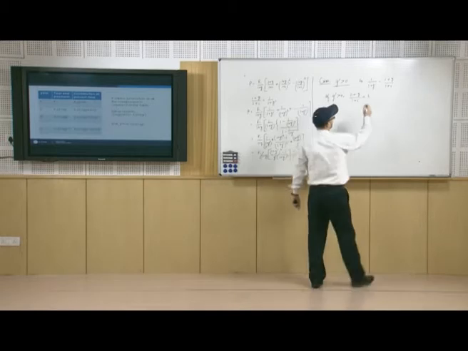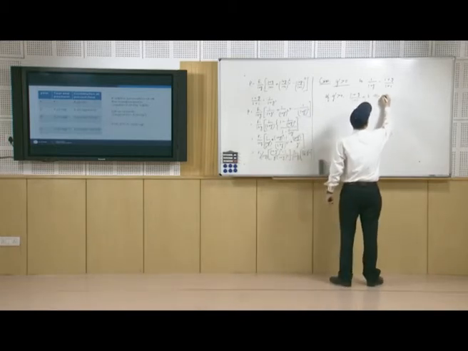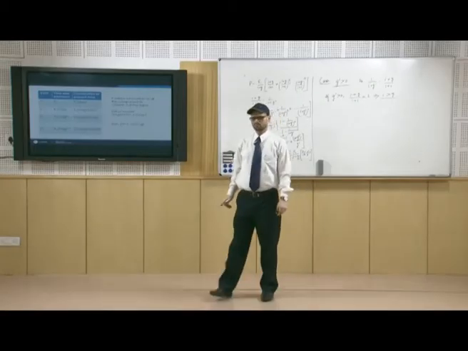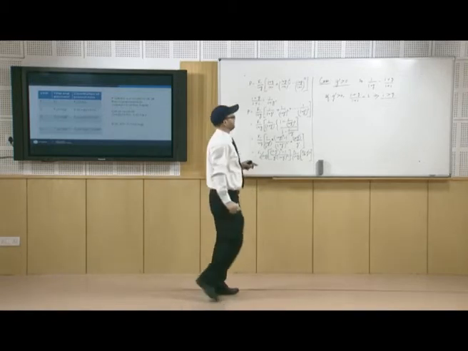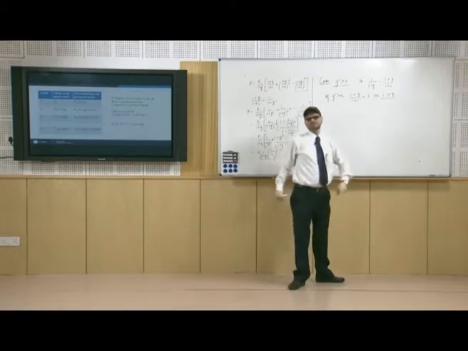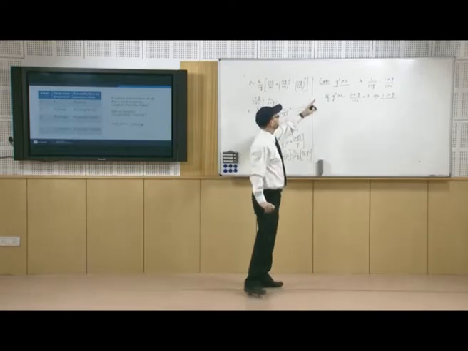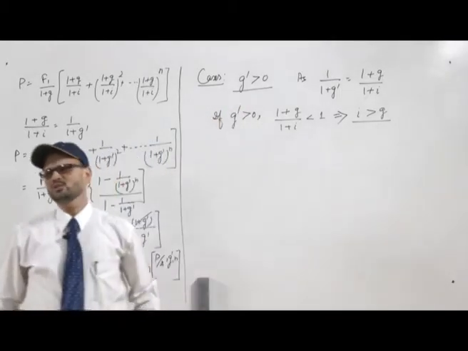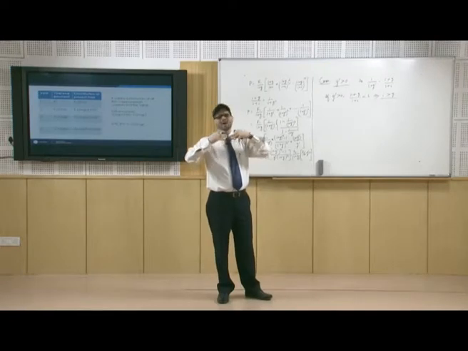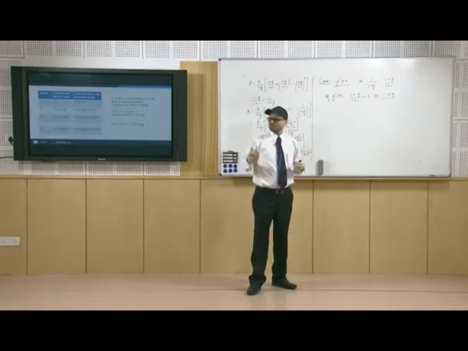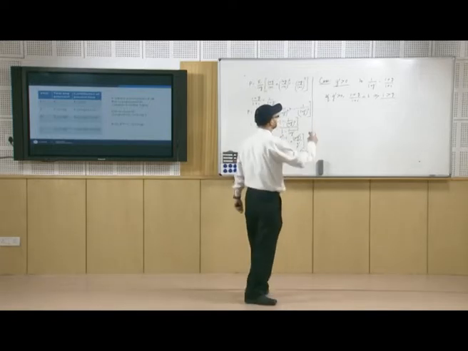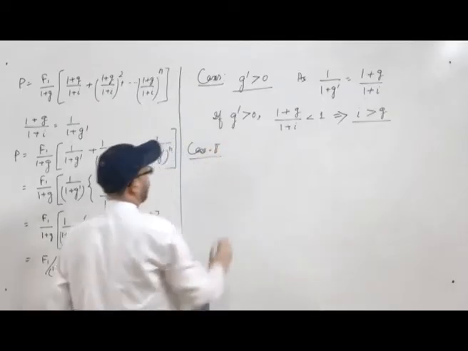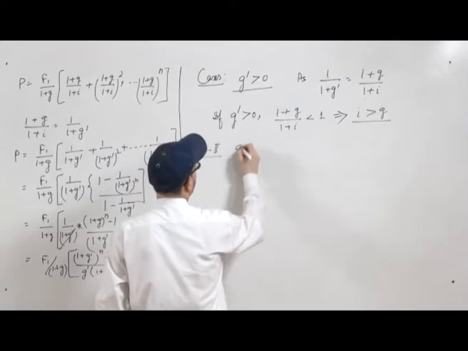So if g prime is greater than 0, 1 plus g by 1 plus i will be less than 1. This will lead to the correlation that i is greater than g. So whenever you have i more than g, the g prime value will be a positive value, and you can find the value using the normal equation. The second case will be g prime equal to 0.